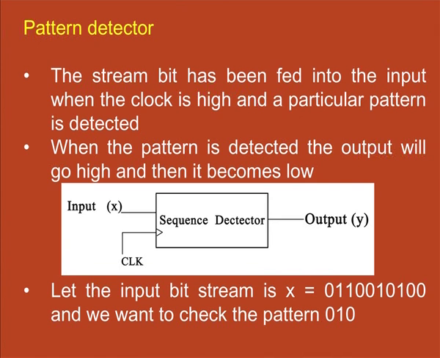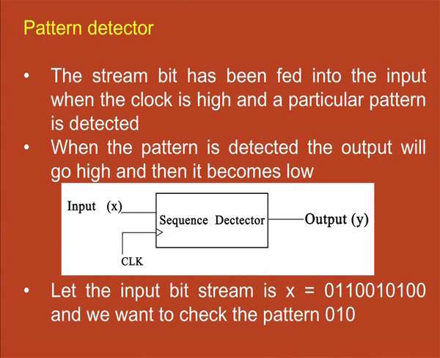Here a stream of bits comes to the sequence detector or pattern detector as input, and if the clock signal is high, then whatever pattern we want to detect from the input signal can be detected. When the pattern is detected, the output will go high and then immediately become low.